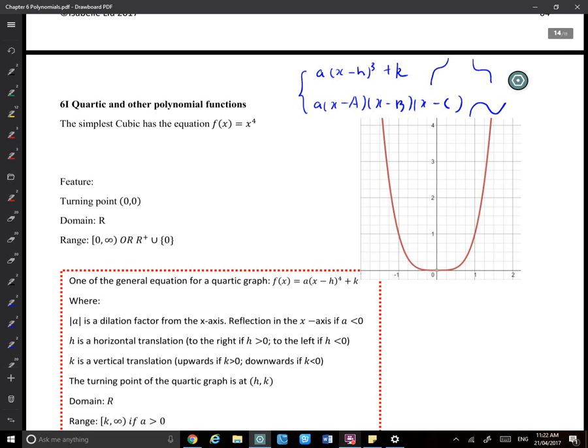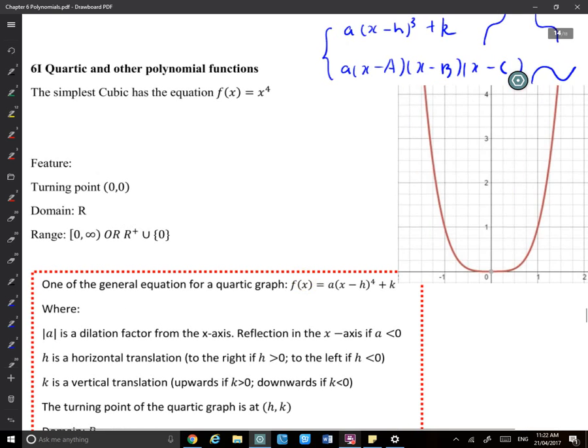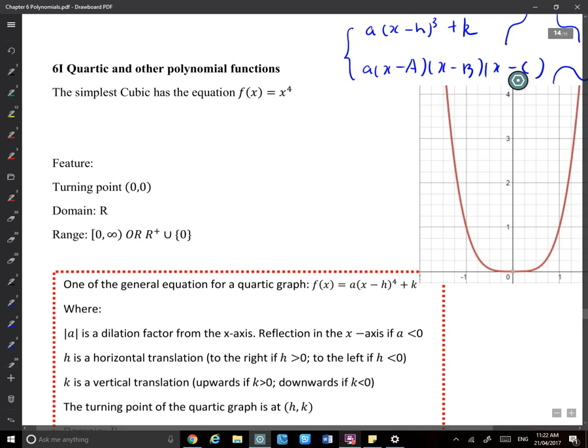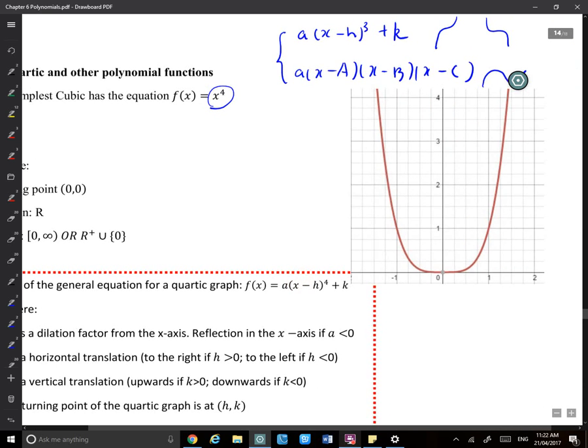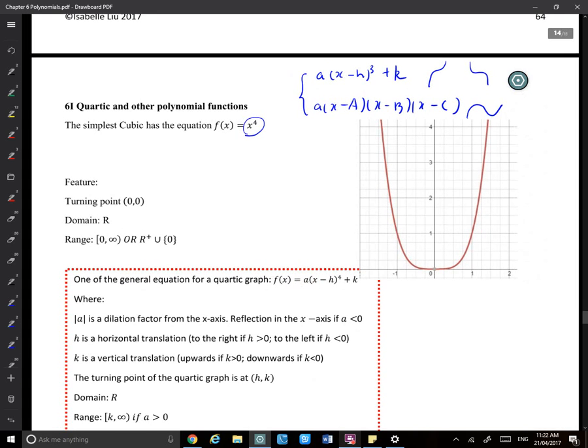Quartic is the same. There are two types of the equation. The first type is x to the power 4, the simplest form, and this graph looks like this, and it is very similar to quadratic.